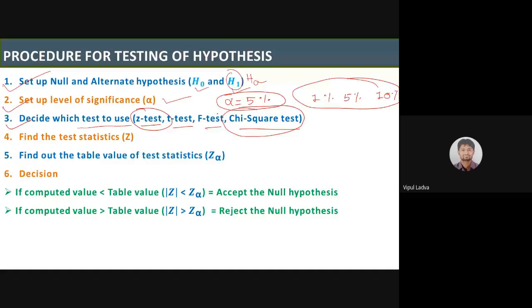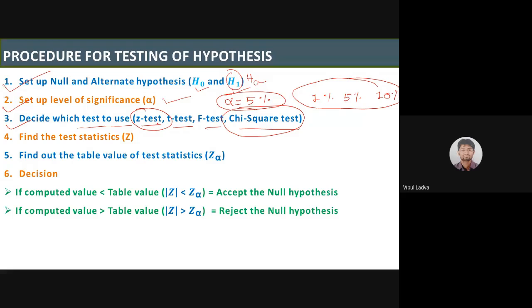If we have 2 samples and data related to the mean, then we will go for the difference of means Z test. If we have a single sample with the mean, then we will go for the single sample mean Z test. If we have 2 samples with data related to proportion, then we will move for the difference of proportion Z test.